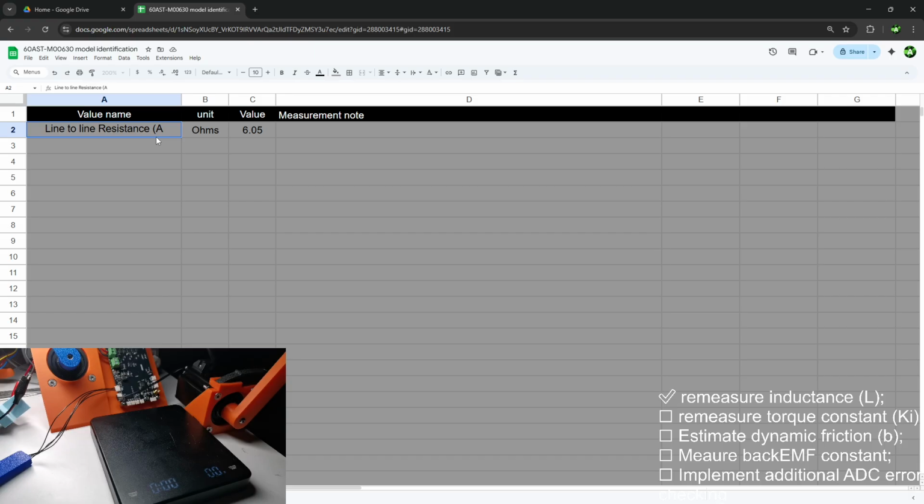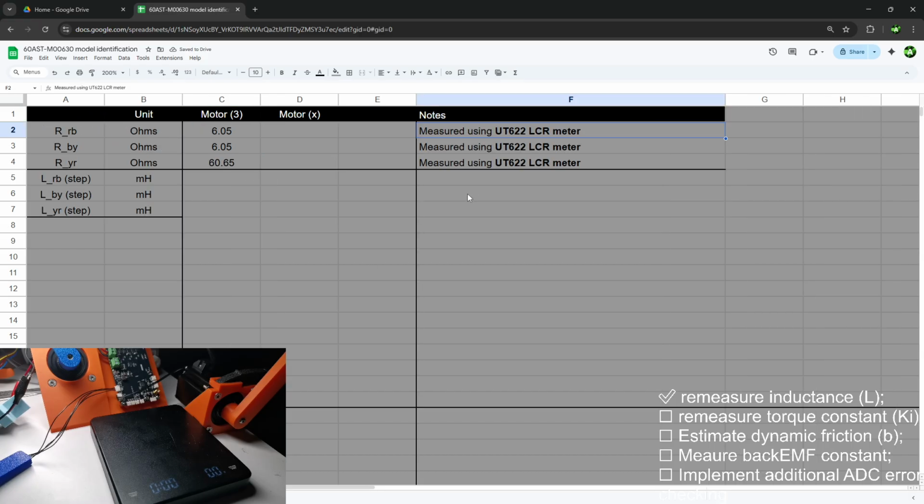Why not? It will be AB. Same will be here, but BC. No, it will be no BC, correct? And this will be CA. CA. Here and here. Let's add our notes.